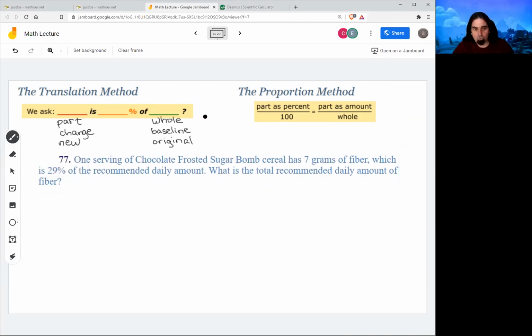So one serving of chocolate frosted sugar bomb cereal has 7 grams of fiber. That happens to be 29% of your recommended daily amount of fiber. So what's the total recommended daily amount of fiber?